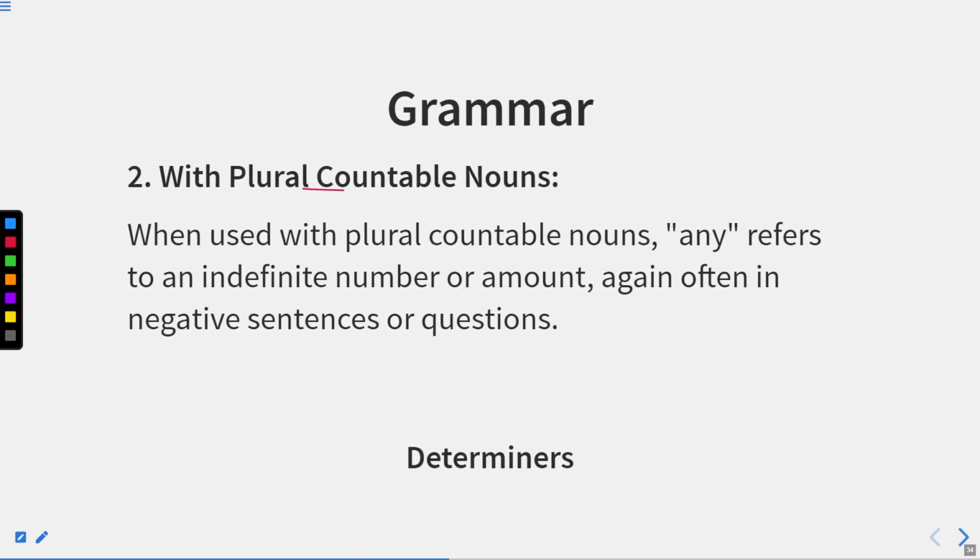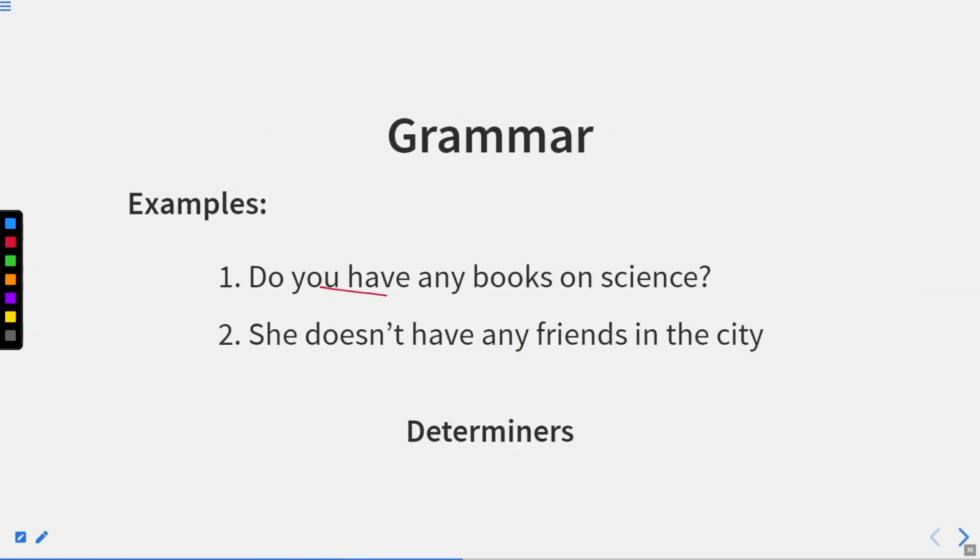With plural countable nouns, we can also use it. When used with plural countable nouns, any refers to an indefinite number or amount, again often in negative sentences or questions. Examples: do you have any books on Science? Now, science should be written with a capital letter, so let me just make it capital.